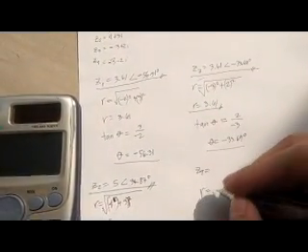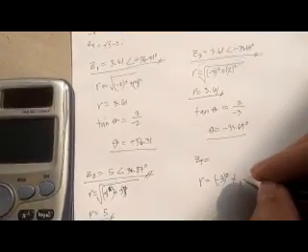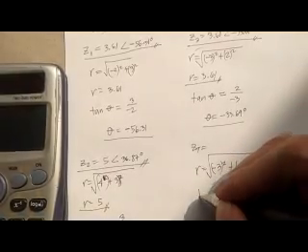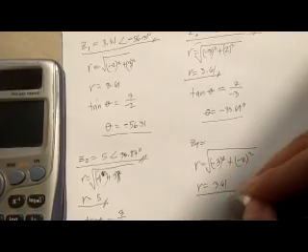R is equal to the square root of negative 3 squared plus negative 2 squared. Our answer will still be the same, 3.61.